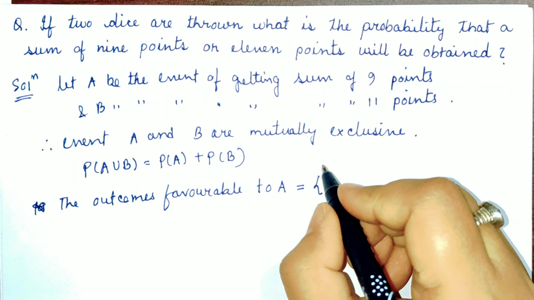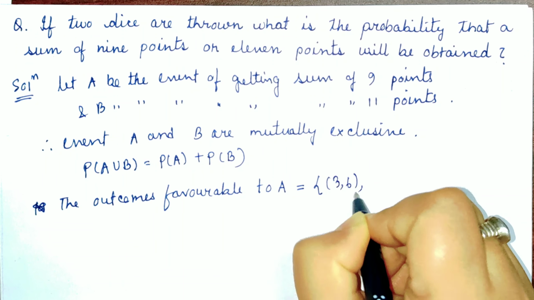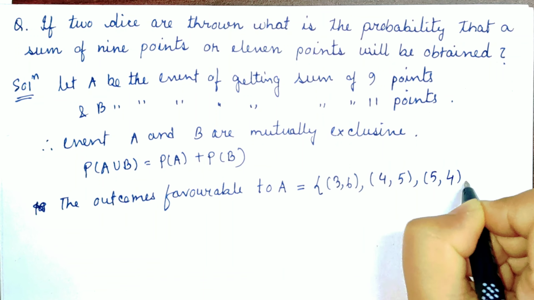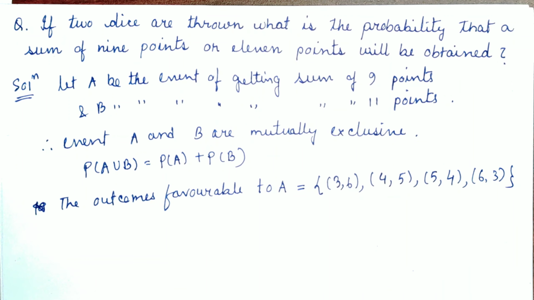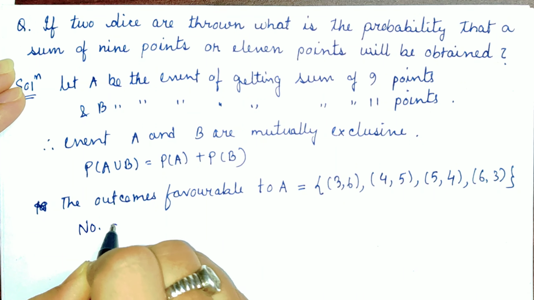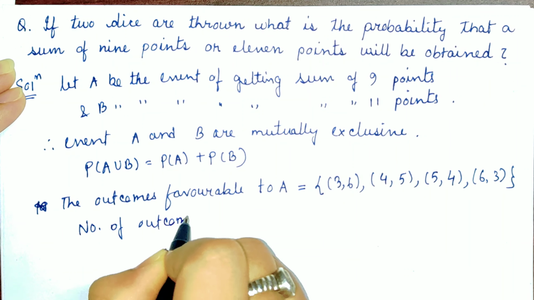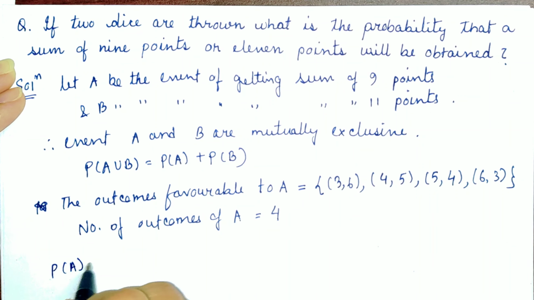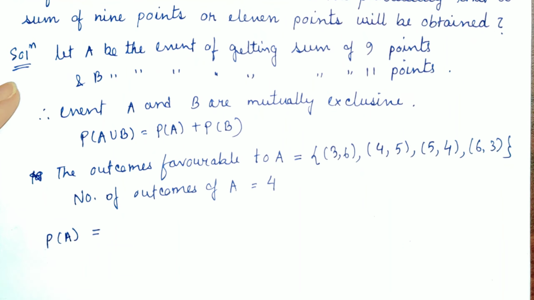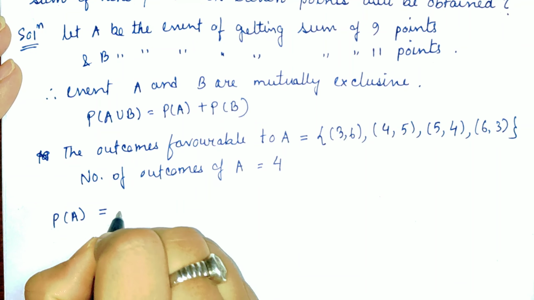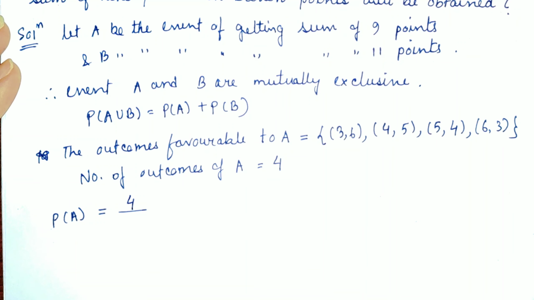We will write down the outcomes: 3, 6, 4, 5, 5, 4, 6, 3. Therefore, number of outcomes of A equal to 4. PA value, probability of A will be number of cases favorable to A divided by total number of possible cases. It will be 4 divided by total number of possible cases equal to 36.